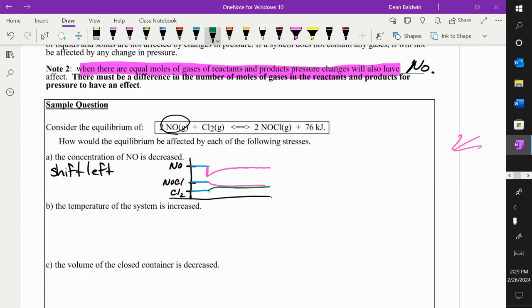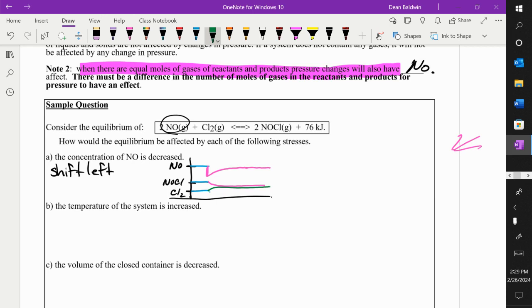That's really bad graphing on my part. But all I'm going to look for on a test is: does the Cl2 increase? Does the NOCl go down? And is there an immediate drop in the concentration of NO? Most likely, I would just give you 4 graphs and say which one represents the stress.